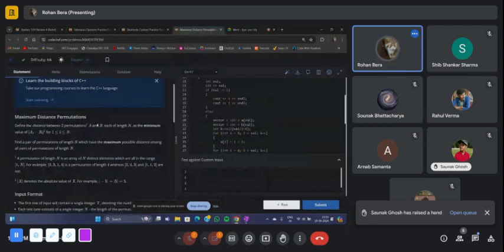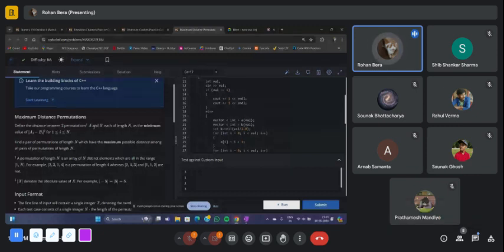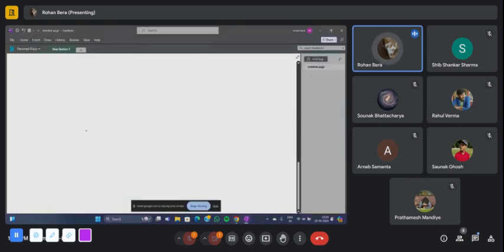So let's proceed to this question. This question says that I have been given n, and I need to print two permutations of length n. Suppose there are two permutations, A and B. A will have numbers A1, A2, and so on, and B will have numbers B1, B2, and so on.